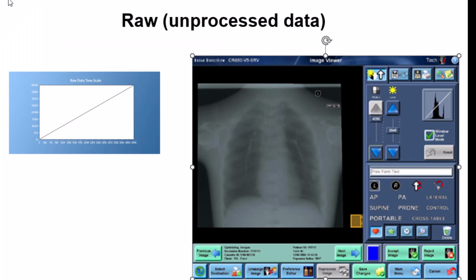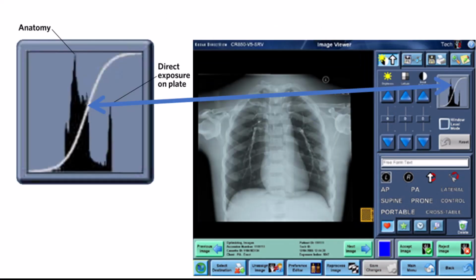The straight line over the histogram demonstrates the original or unprocessed raw data. That is our original image capture. By placing the straight line portion of the H&D curve over the histogram, we're able to manipulate the image, showing what we consider to be a normal chest X-ray.